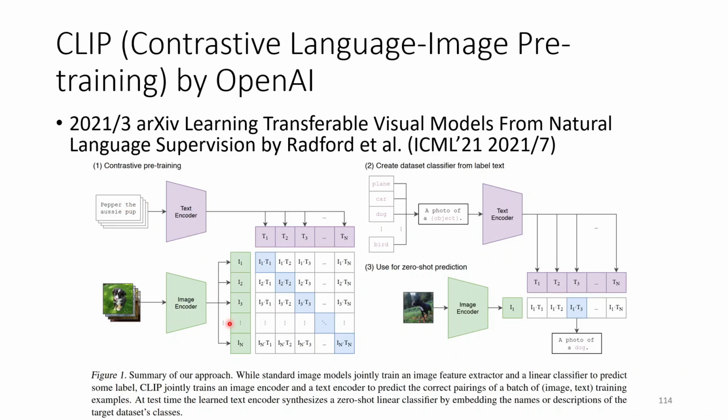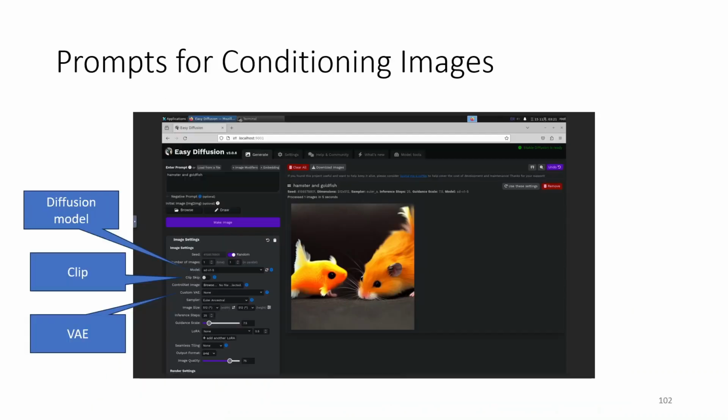That's the reason we can use the diffusion model to generate the image we like. And that is also the reason when you see the user interface, you will see it's more clip skip. The clip is left clip, just like left clip.